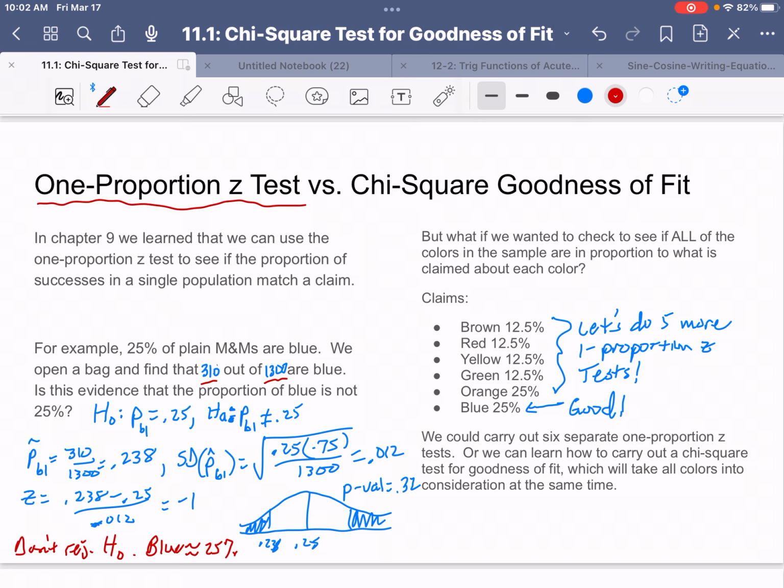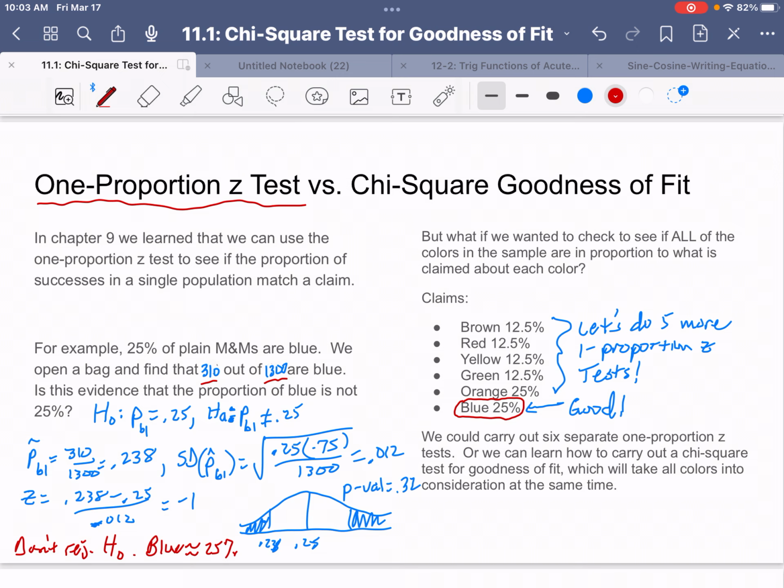Well, the Mars company says that on average, when you open up a package or a container of M&Ms, I use one of those great big containers from Sam's Club, that 25% of the M&Ms in that container should be blue. That's their claim. So I could have said, carry out a one proportion z-test to see if the percentage of blue is what they claim it is.